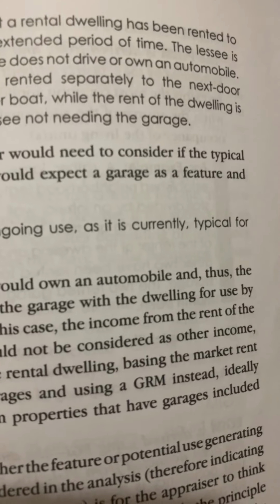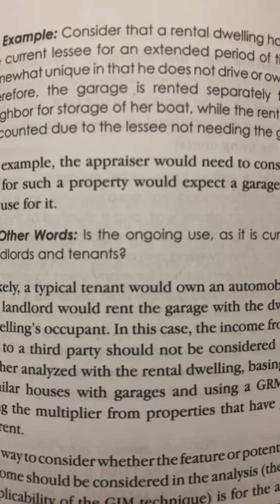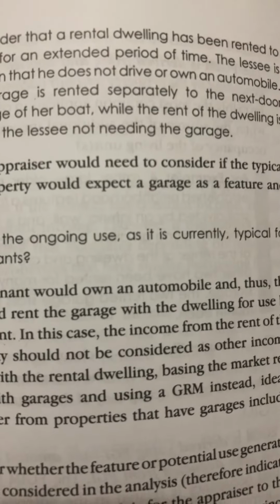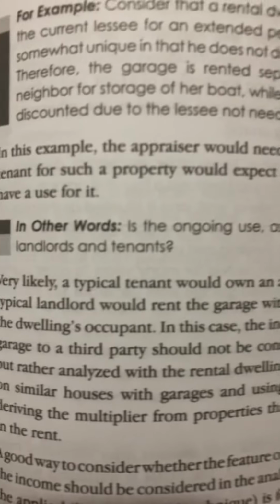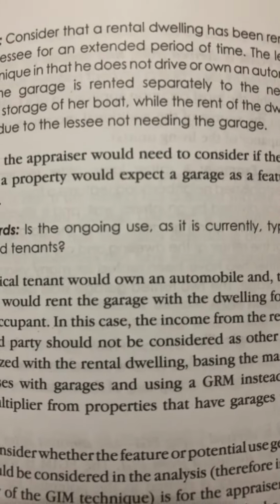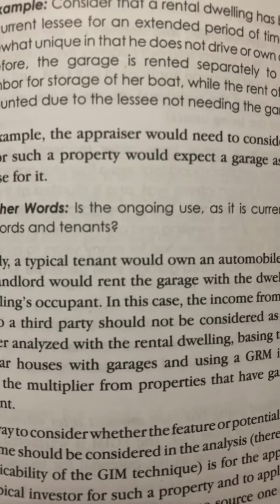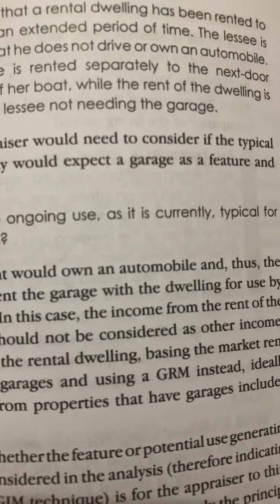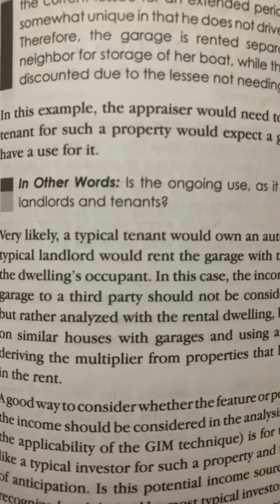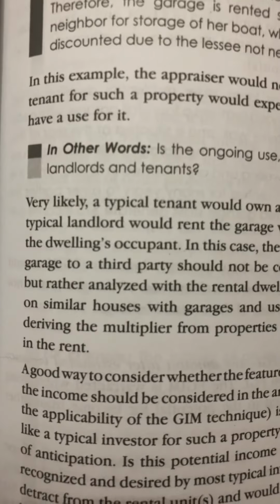The lessee is somewhat unique in that he does not drive or own an automobile. Therefore, the garage is rented separately to the next door neighbor for storage of her boat, while the rent of the dwelling is discounted due to the lessee not needing the garage.